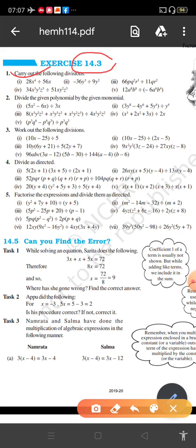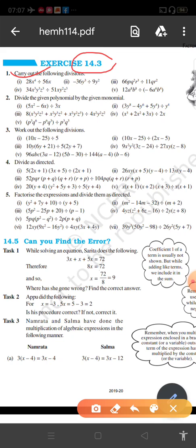First, we factorize each expression. After this, we cancel the common factors, then we obtain the quotient. Okay, so let's see how to solve such type of questions.